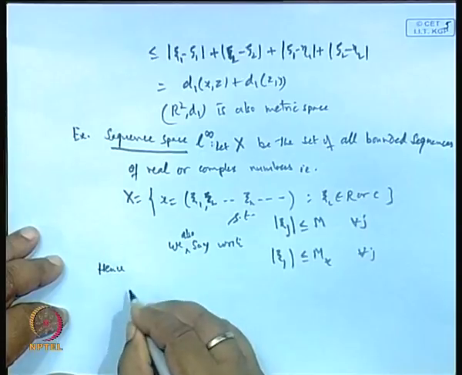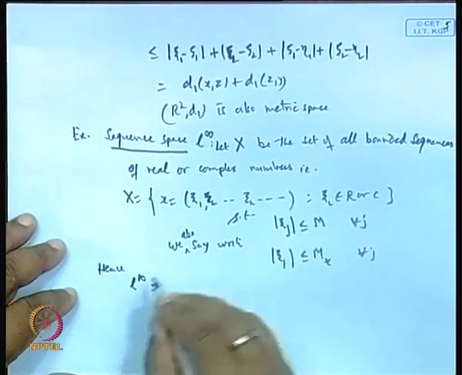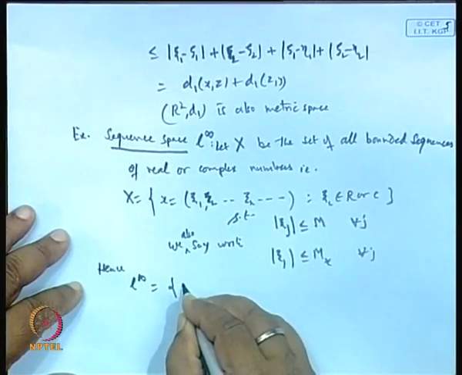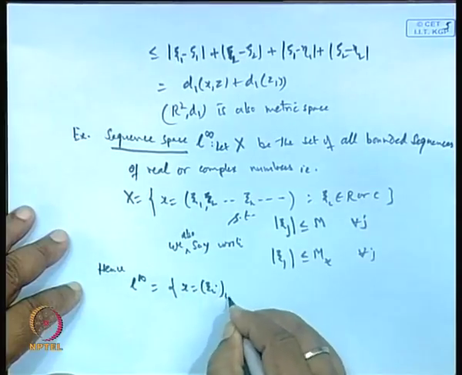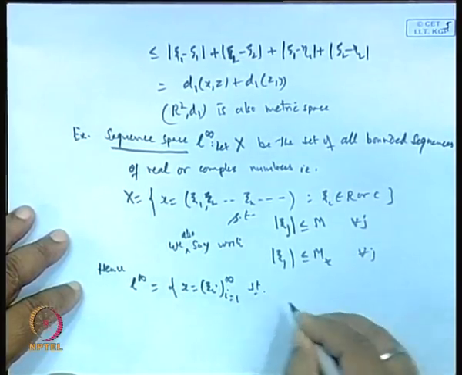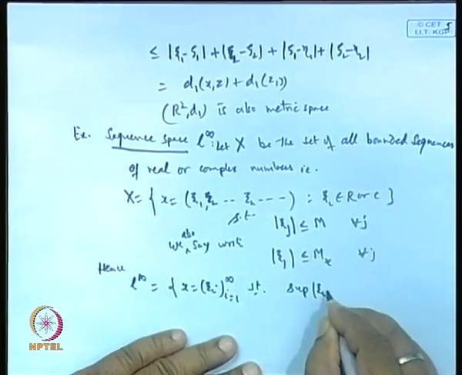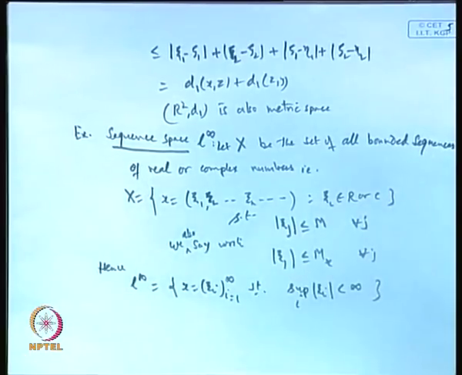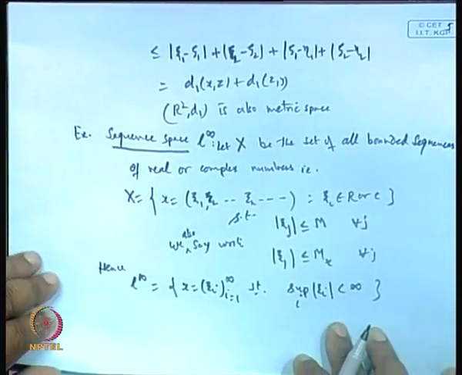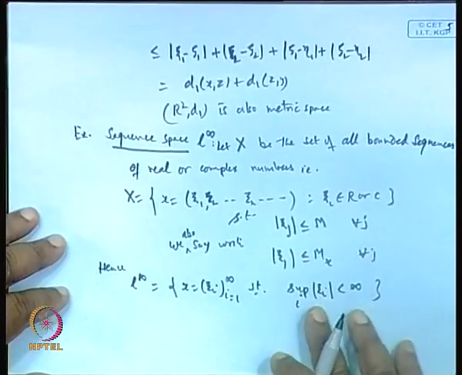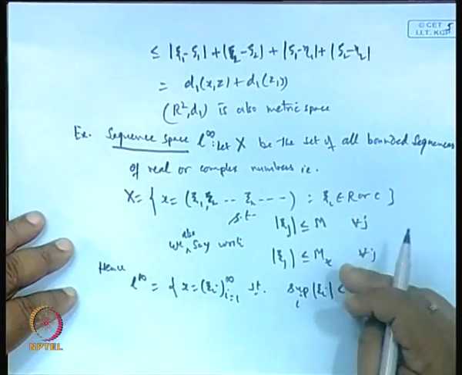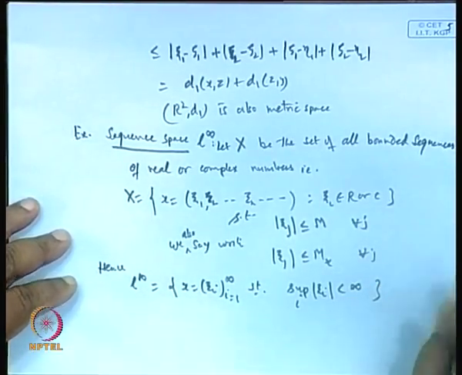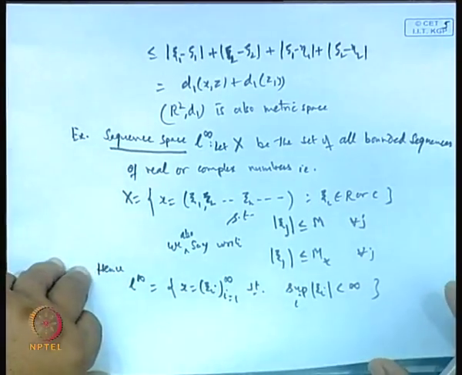Hence, L infinity is basically the set of all bounded sequences (xi_i), i from 1 to infinity, such that the supremum over i of |xi_i| is finite. Supremum means that if the supremum is m, then all the terms of the sequence are less than or equal to m, and if we take a number slightly less than m, then there are terms which violate the condition, that is, which are greater than m minus epsilon.